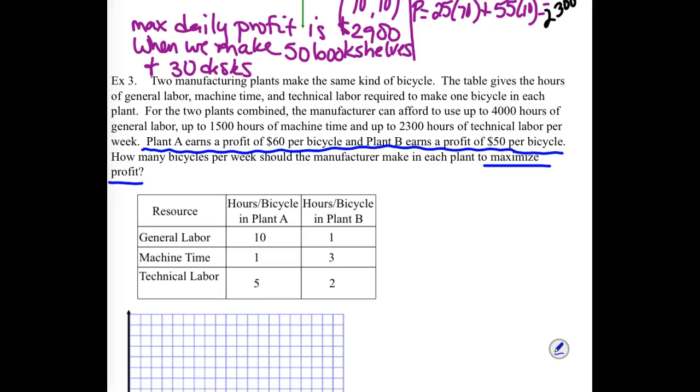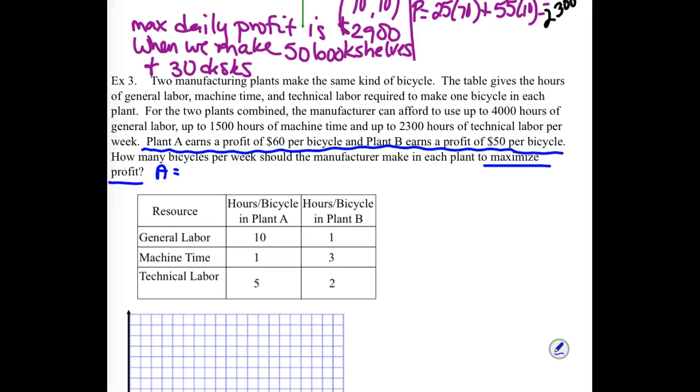It does make sense to use A and B. You can certainly use X and Y if you want. Either way, though, you should define it. So if we use A, what are we saying it's equal to? Look at your question again. How many bicycles should be made in each plant?